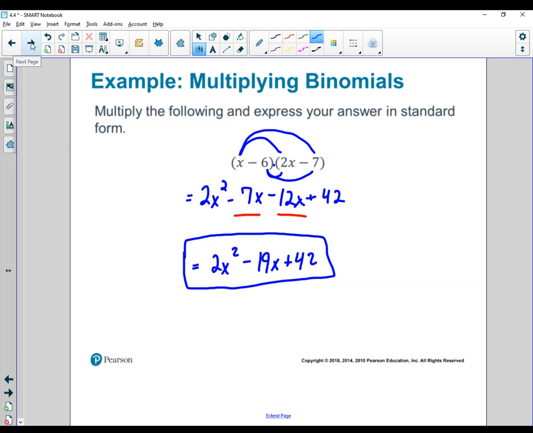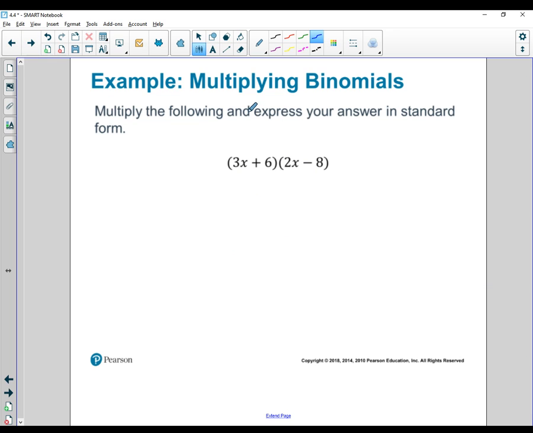Okay. So the same thing with this one. Now we just need to make sure that we're careful with our multiplication. I'm going to start with this first term here, 3x, and I'm going to make sure it hits everything in the other term. So 3x times 2x, 3 times 2 is 6, and x times x is x squared.